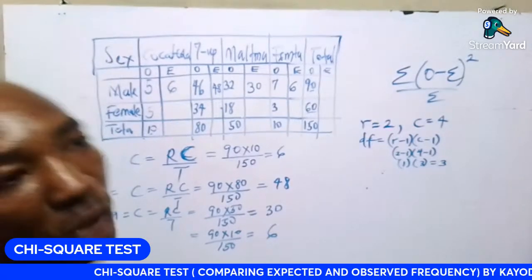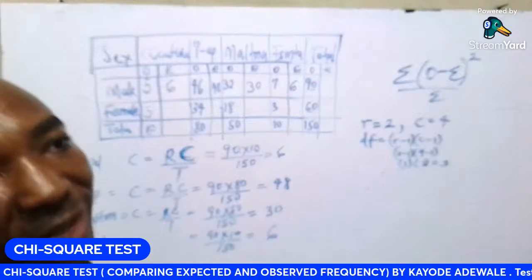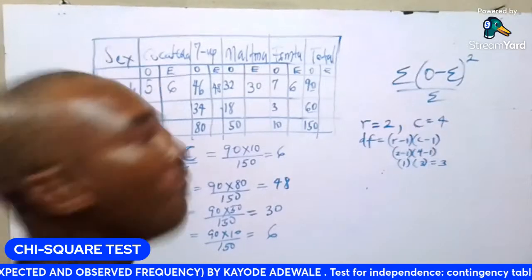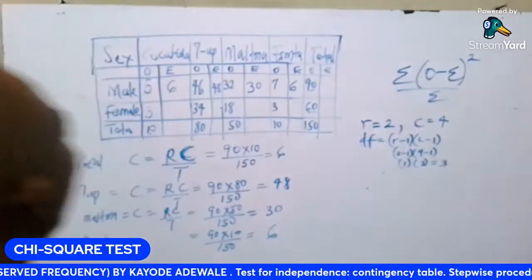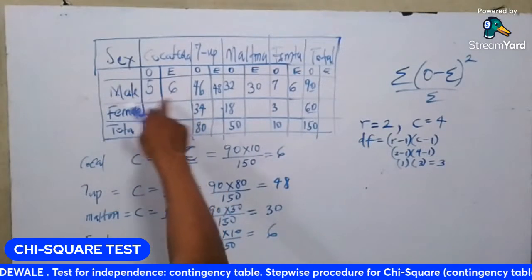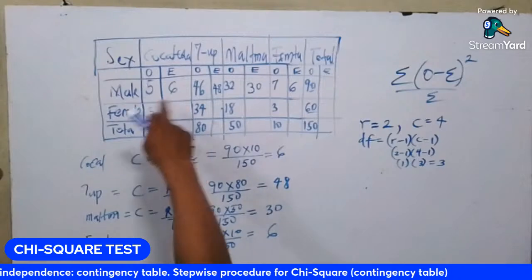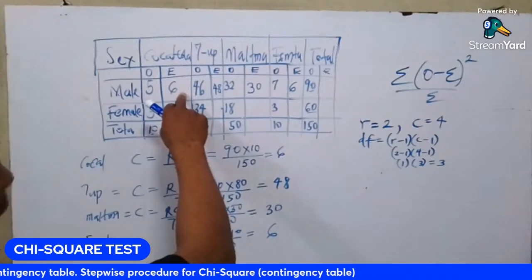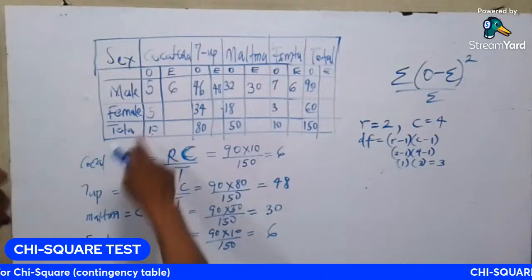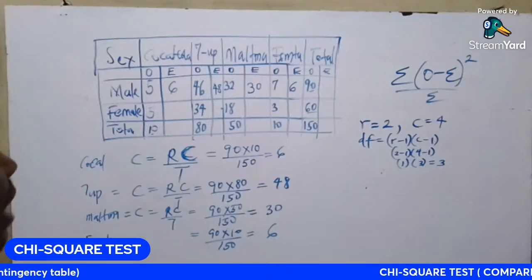Since you know one number is 3 and the result is 5, the number is just 2. So if they said the expected frequency for Coca-Cola for male is 6, and you know the total for the whole Coca-Cola is 10, definitely you don't need to stress yourself.